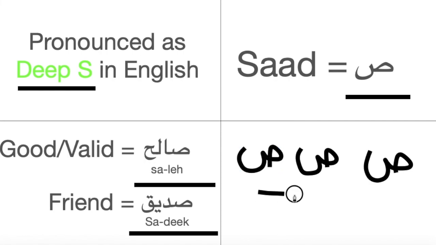Don't forget, it's different than Seen. Seen is regular S, but Sad is like a deep S.